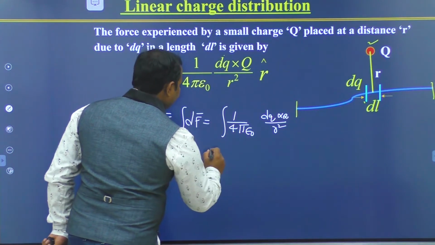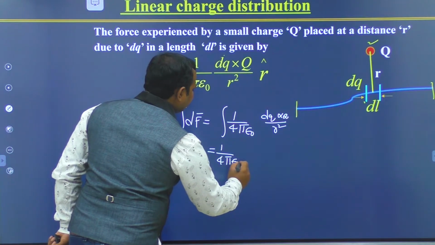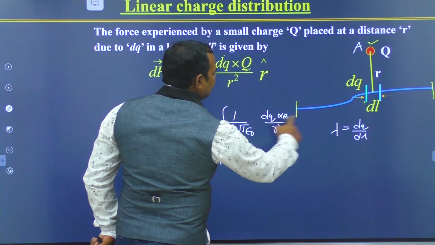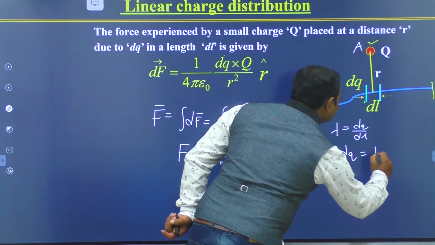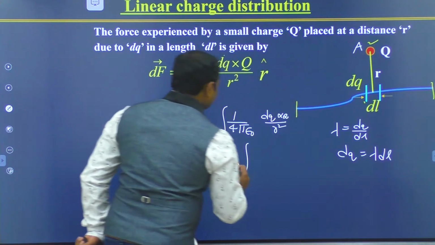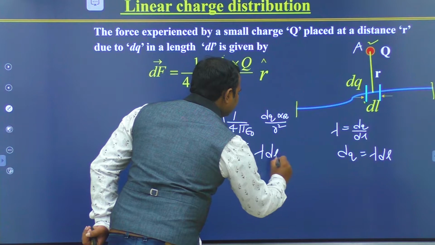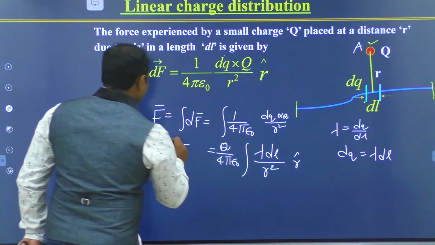Since 1 by 4 pi epsilon naught is constant, we can bring it out, and dq can be written as lambda into dl. So in place of dq we write lambda into dl by r square r cap.